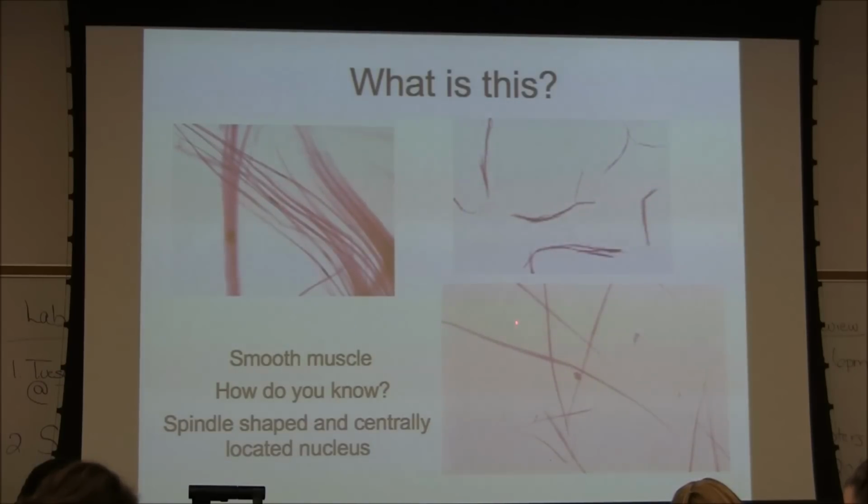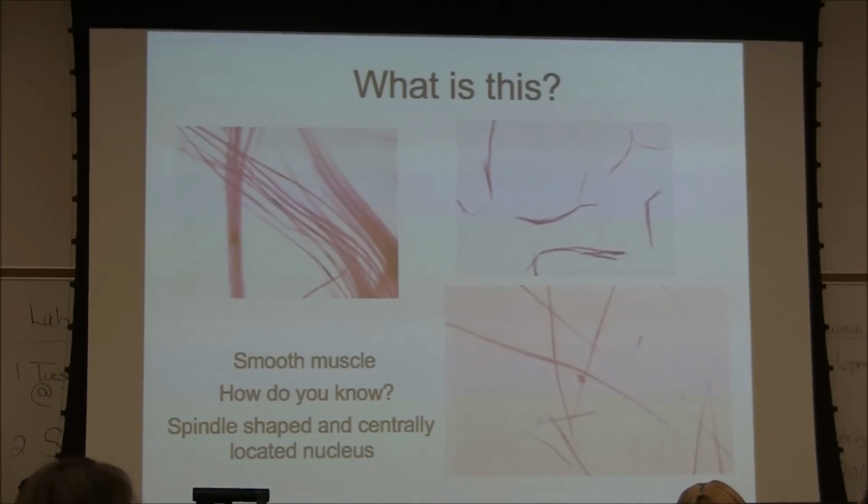Sorry, this is a little fuzzy. And they have a single centrally located nucleus. That's what those dark spots are. So smooth muscle is spindle-shaped and has a centrally located nucleus.